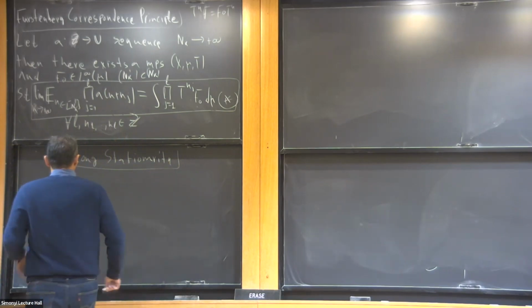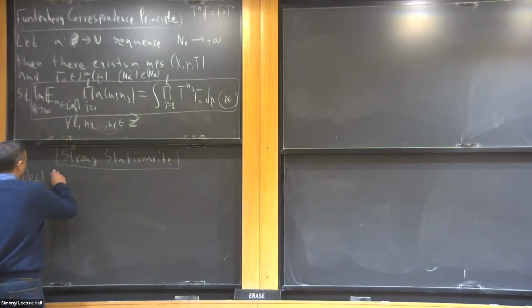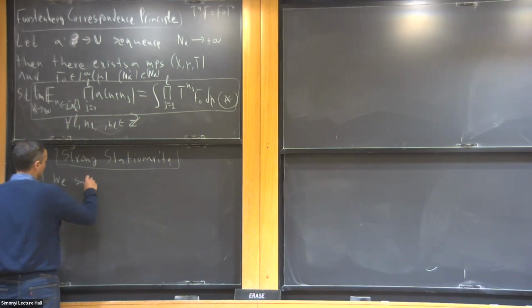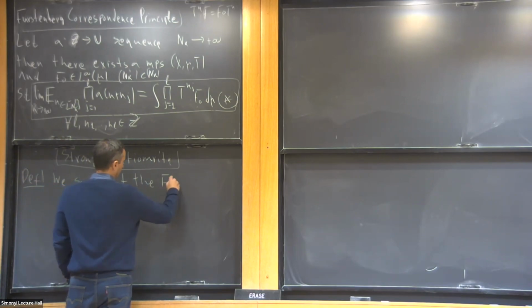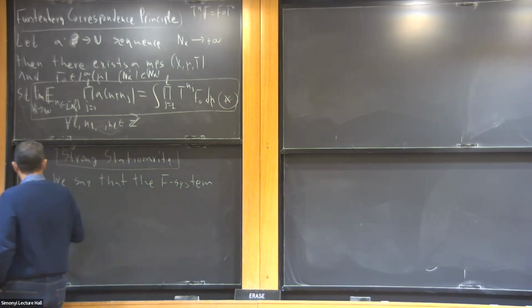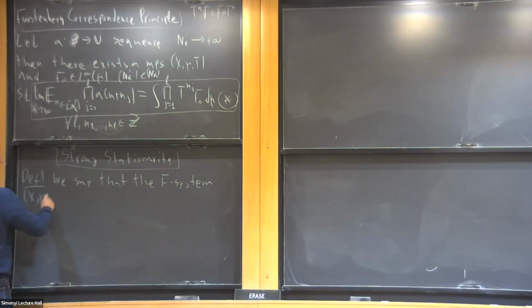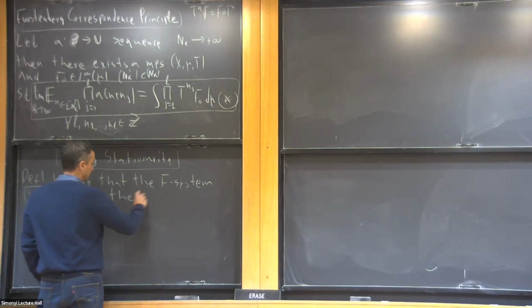Okay, so this is definition one. It's not the optimal one, but good enough for us. We say that the Furstenberg system, this is the Furstenberg system and it always comes attached with a function, of the sequence.